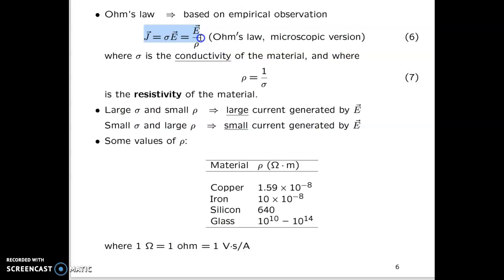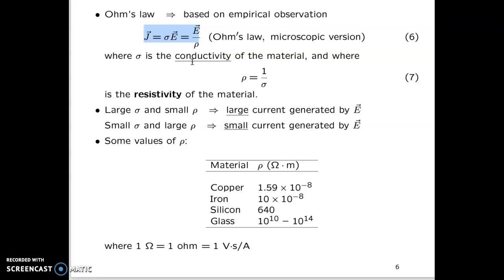It's two equalities here. The first equality is, okay, J, we've introduced the current density. J is proportional to the electric field. The proportionality constant, sigma, is called the conductivity of the material.